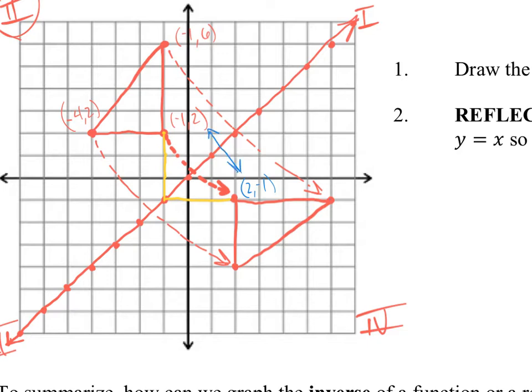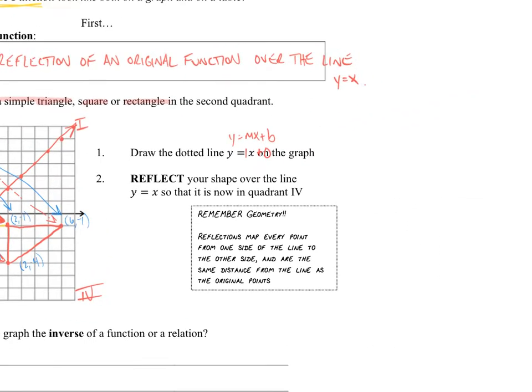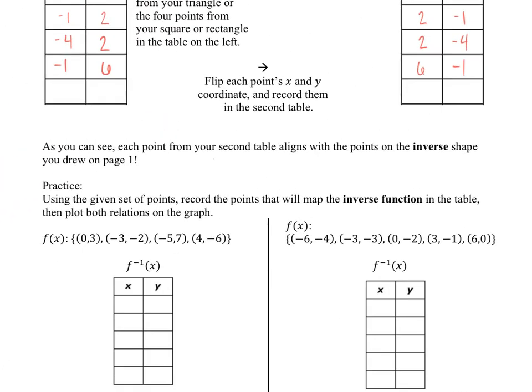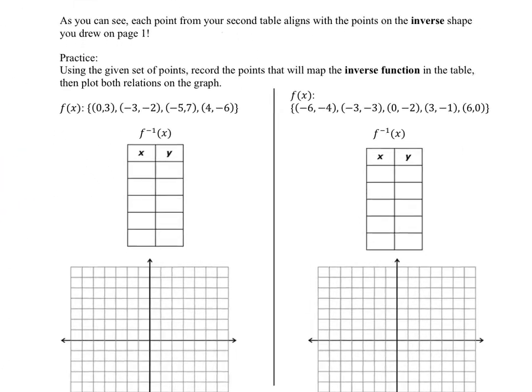And this right here is the point 6, -1. That's that point flipped. And this is the point 2, -4. Comes from that original point. So you don't really need to be able to see the graph because all you need to do is take each of the ordered pairs and just flip the x and y coordinates.